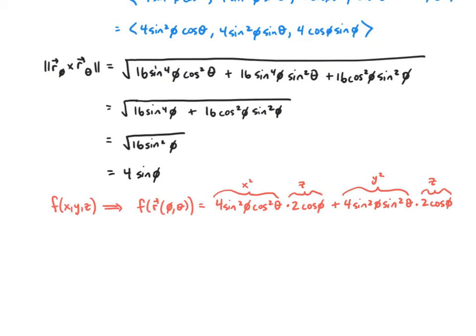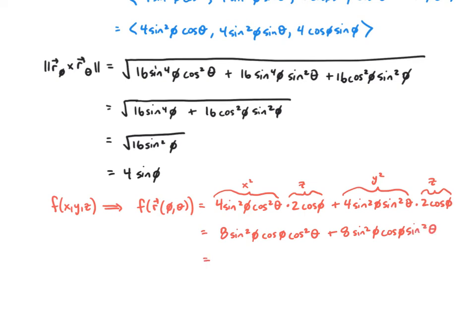Okay, I think it makes some sense to simplify this. We don't really want to do an antiderivative yet. So what we get is 8 sine squared phi cosine phi cosine squared theta plus 8 sine squared phi cosine phi sine squared theta.